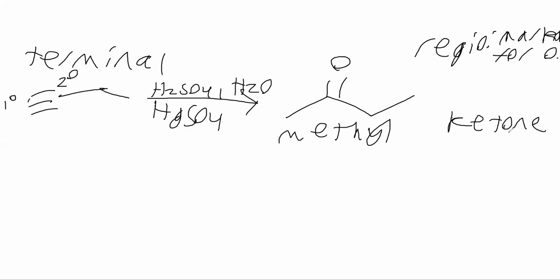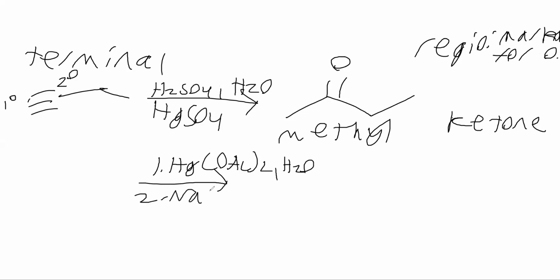And while this isn't the same conditions as with the alkenes, you might recall that, again, not the same conditions, but what is the same is the mercury in both of them. So if you can remember that the mercury in both of these reactions, this with HgSO4 with alkynes, leads to the Markovnikov carbonyl, and then with alkenes, the Hg, OAc, and water, all that, led to the Markovnikov alcohol.